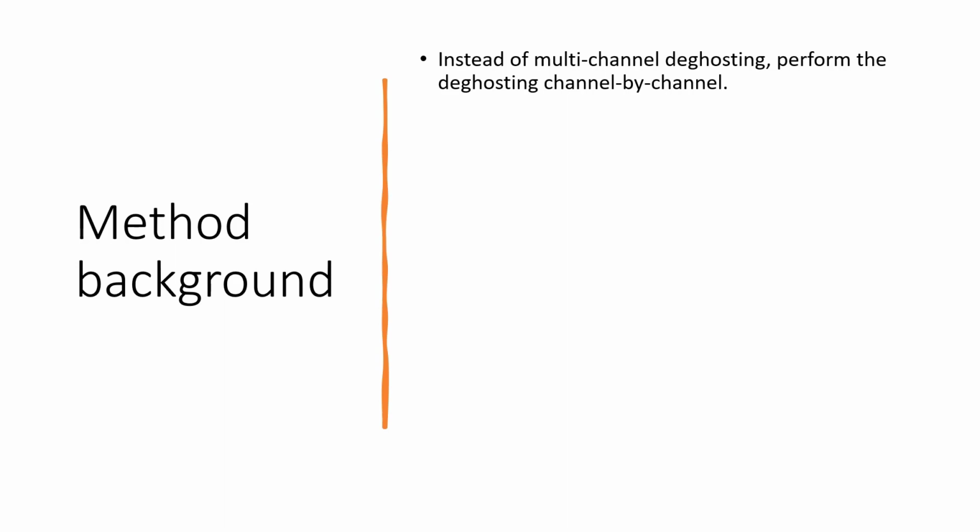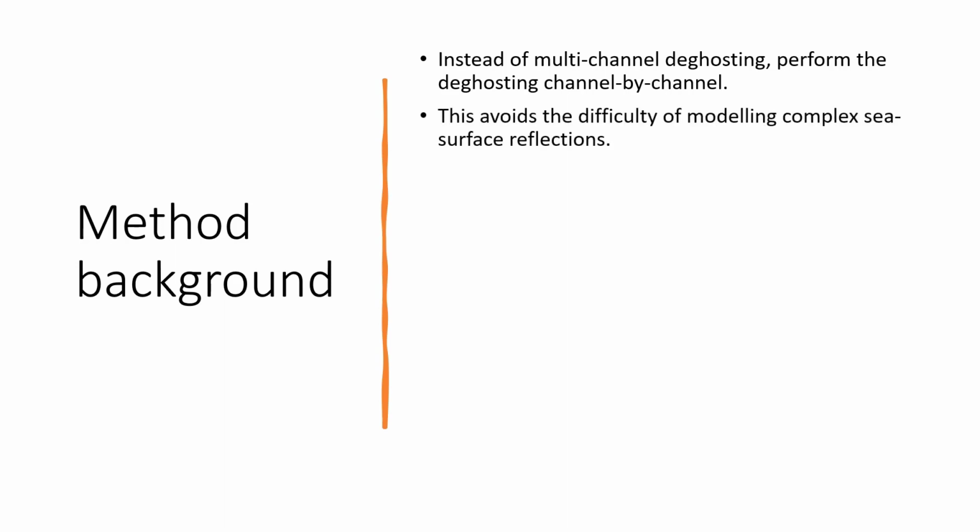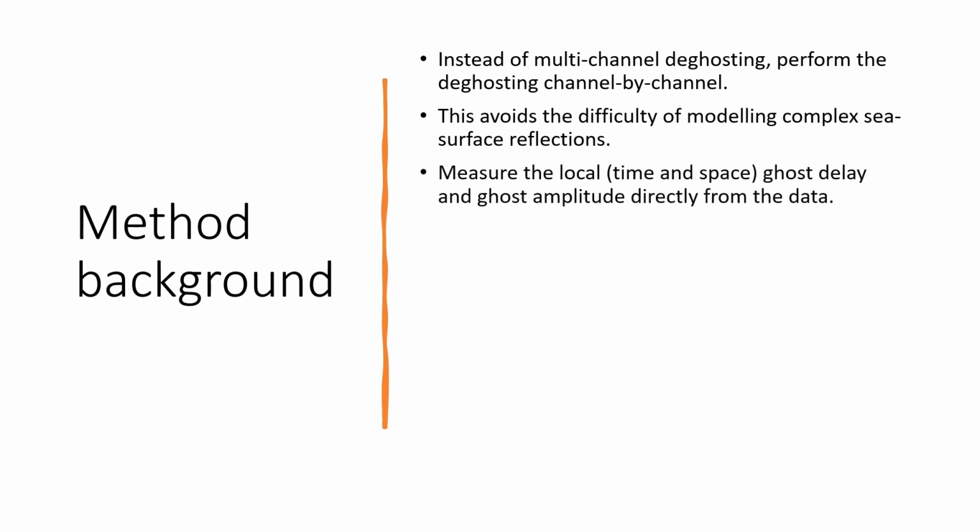The advantage of this method is that it avoids the difficulty of modeling complex sea surface reflections, and we measure the ghost delay and the ghost amplitude, which is effectively the reflection coefficient, directly from the data, rather than assuming the values. The observation data we use is from overlapping short-time Fourier transforms.